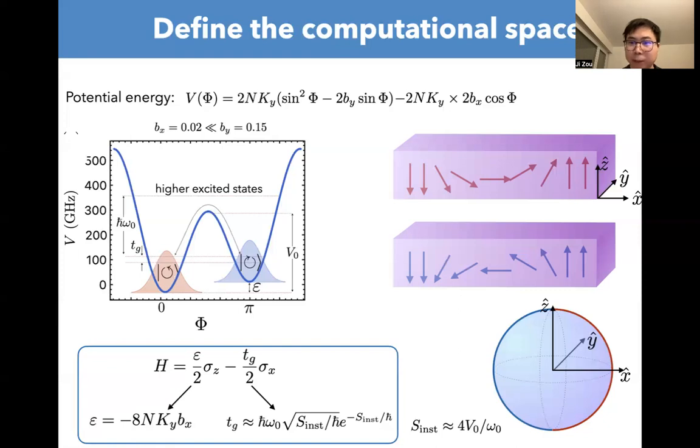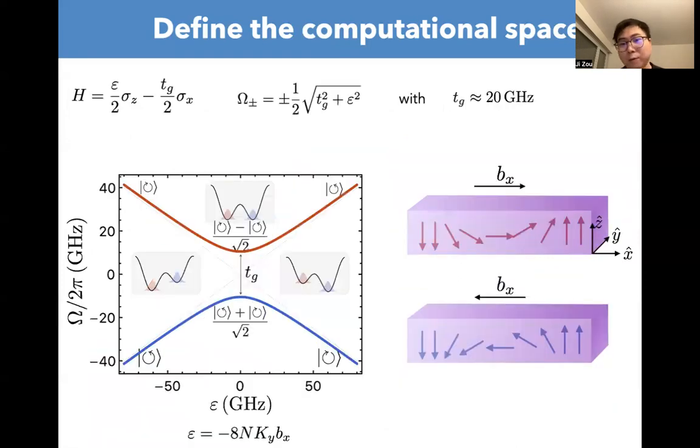Okay. So once we have this Hamiltonian, of course, we can write down the energy splitting of this qubit. It is given by the square root of the tunneling Tj squared plus the detuning epsilon squared. Here we plot this energy splitting as a function of the detuning.